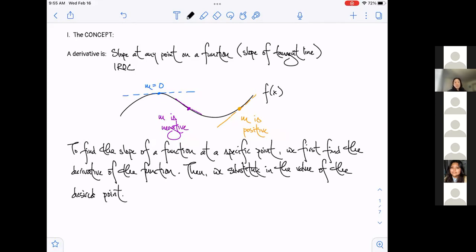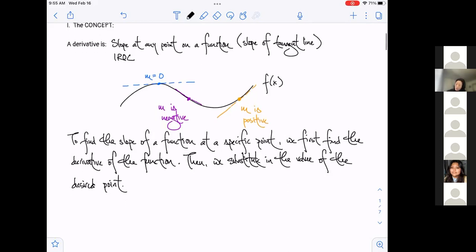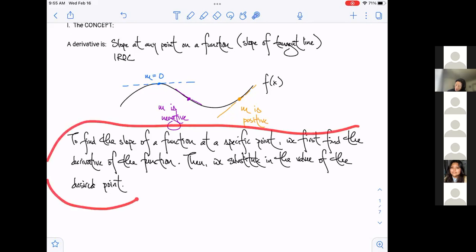So to find the slope of a function at a specific point, we first find the derivative of the function, and then we substitute in the value of the desired point. Okay. Even though it's a lot of writing, I think it helps us get at what we're going to be doing once we start finding derivatives and plugging in numbers. Okay.